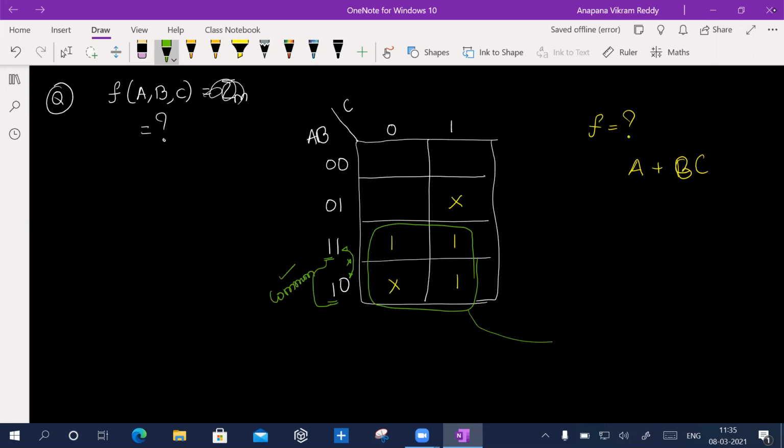And what is C? C is changing again from 0 to 1 for these 4 cells. So I don't want this. Anyways, a quad eliminates 2 variables. So in this case, B and C got eliminated. Now who won the race? A. So I got A as of now.